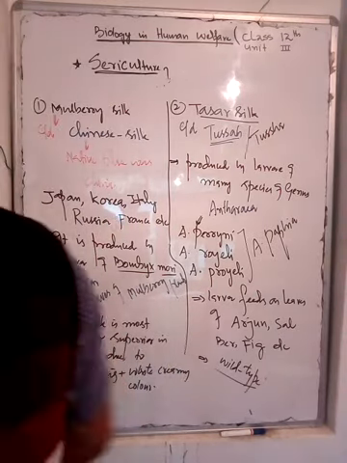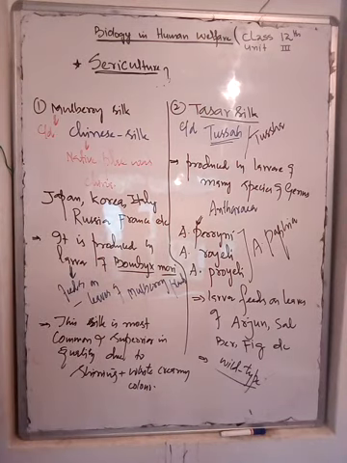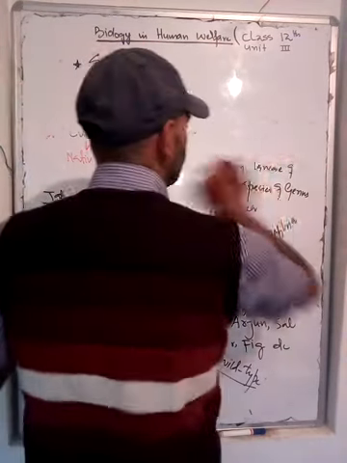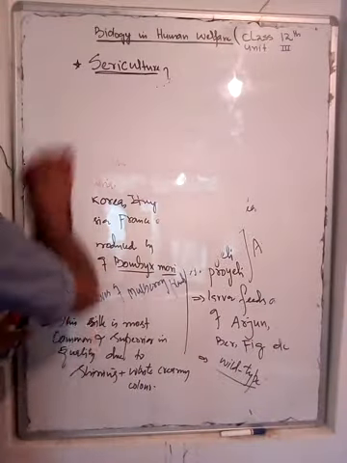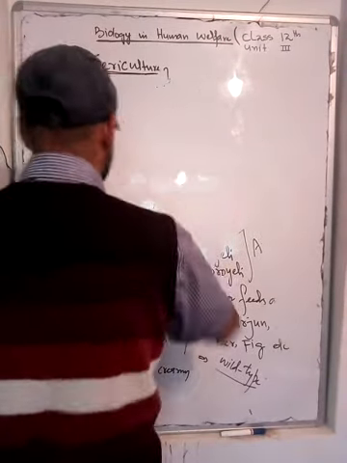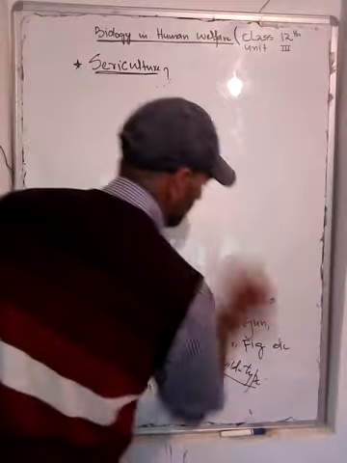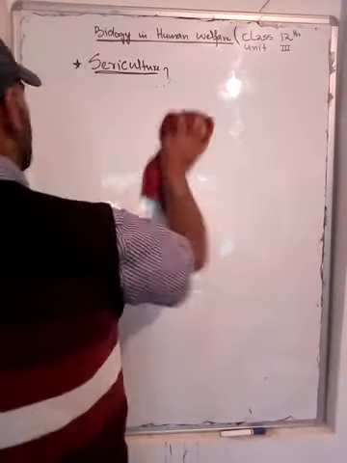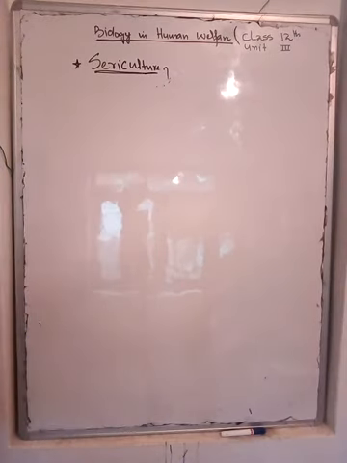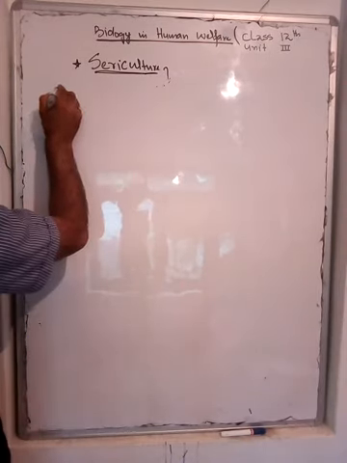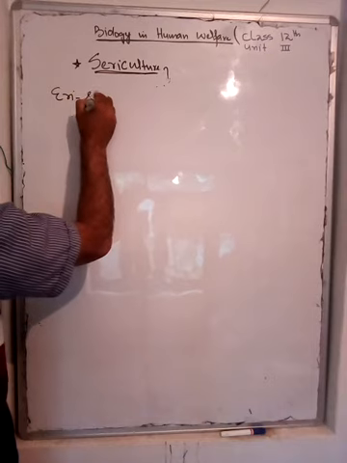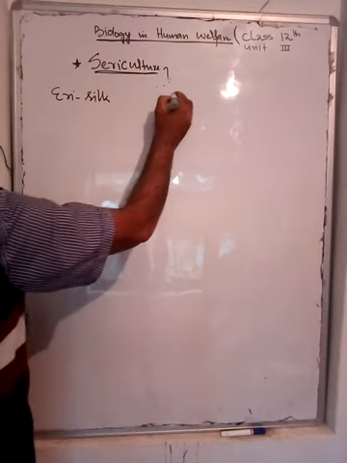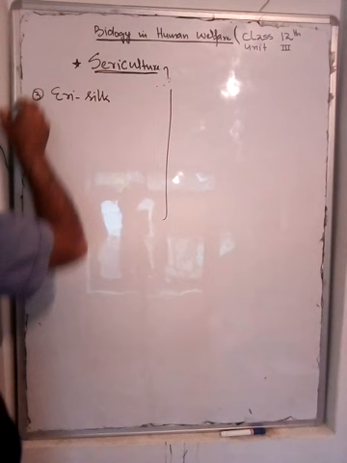Now let us see another type of silk, that is Eri silk. Eri silk is the third type of silk.